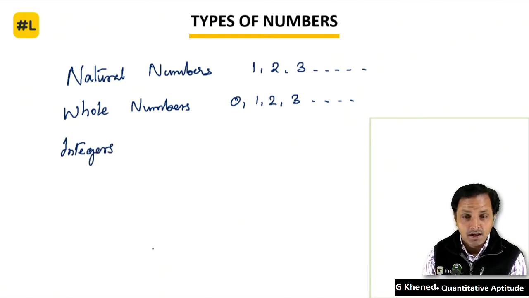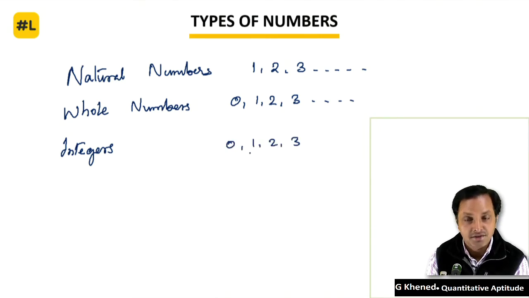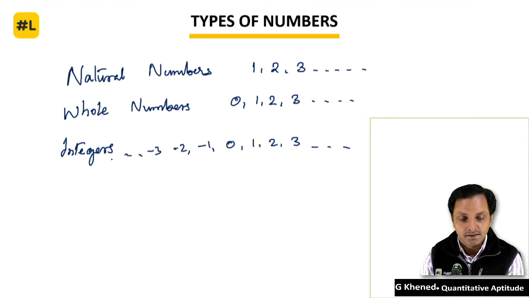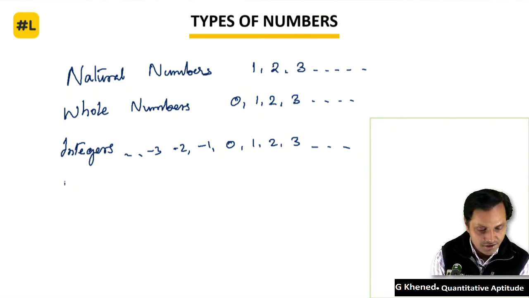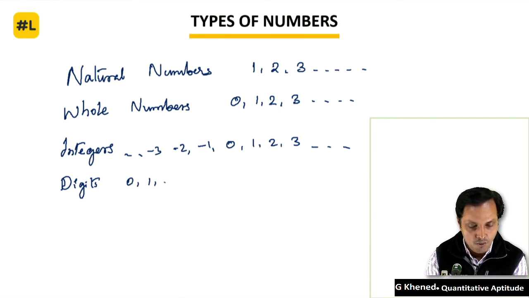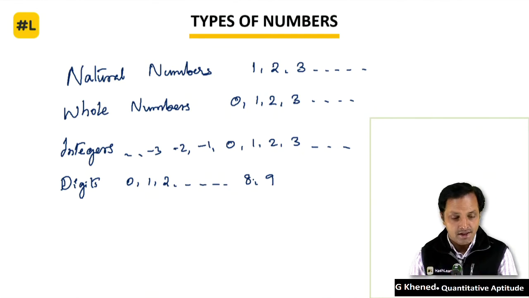Integers are nothing but all the positive natural numbers and also the negative natural numbers. Then digits, you all know digits are total 0, 1, 2, up to 8, 9. So, total there are 10 digits.